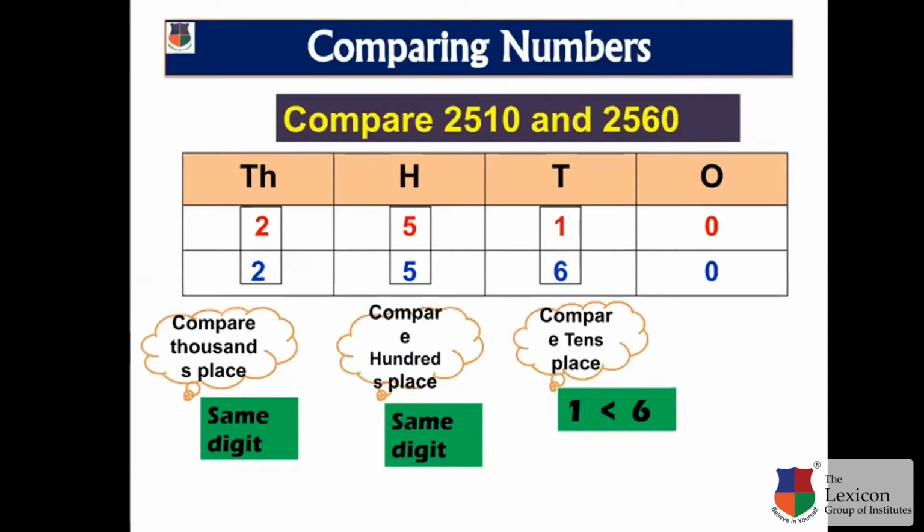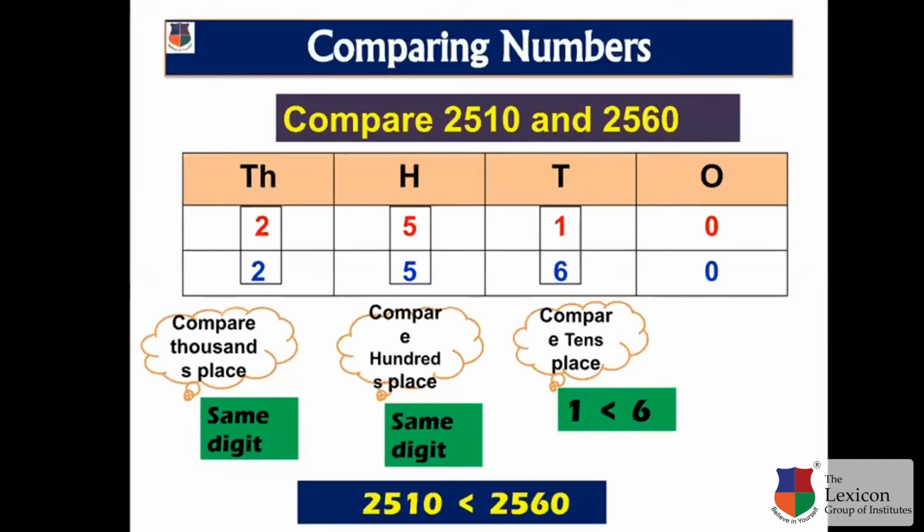We know that 6 is bigger than 1, correct? So naturally 2510 is smaller than 2560, correct?